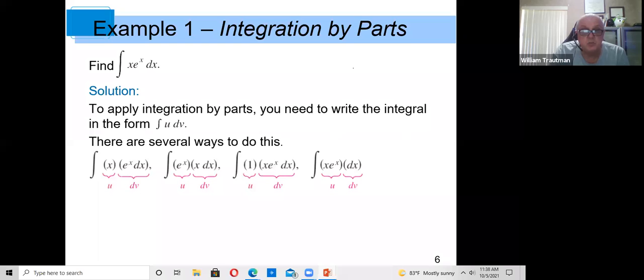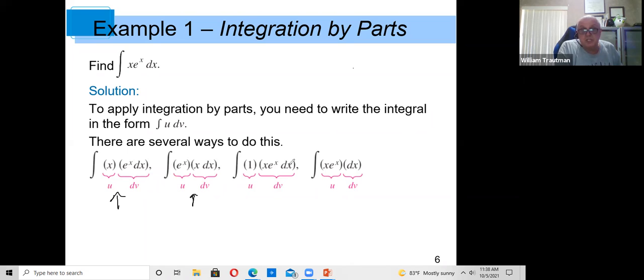There are several ways we could have done the same problem. They're just showing you, and if you want to try it, I made x equal to u. I did it this way, but try the other way and see, you'll get the same thing.